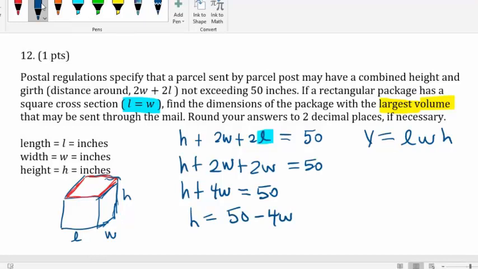Now we can go back over to the other equation, the volume. The length and the width are the same, so L becomes a W, and then the W is still there. And the H now in terms of W is 50 minus 4W.